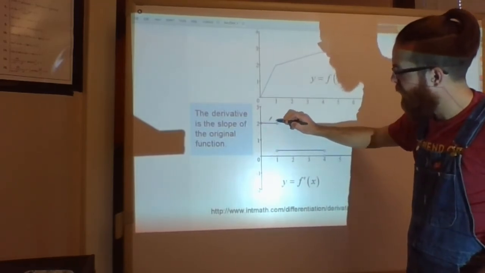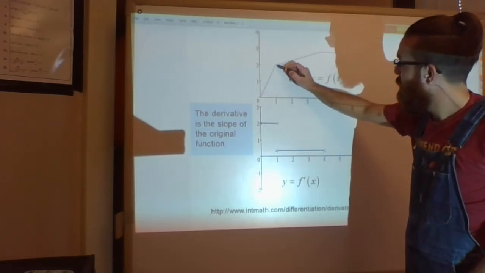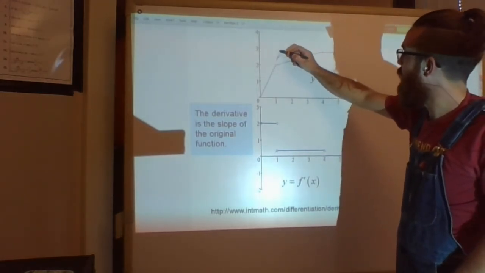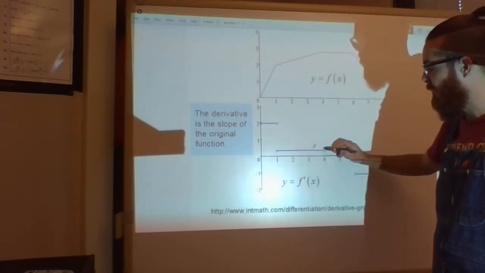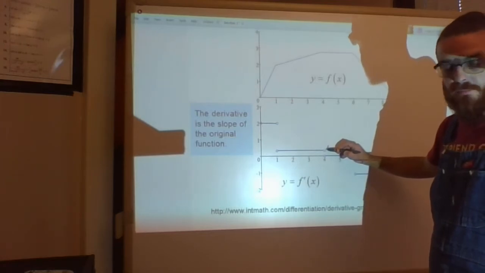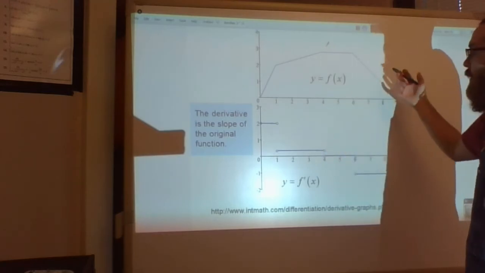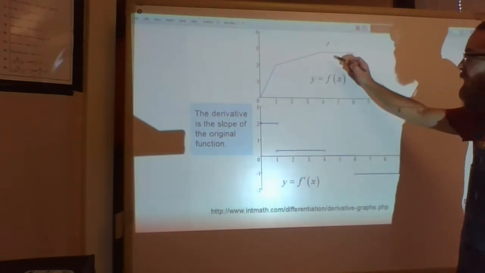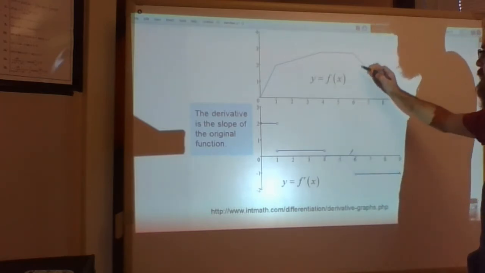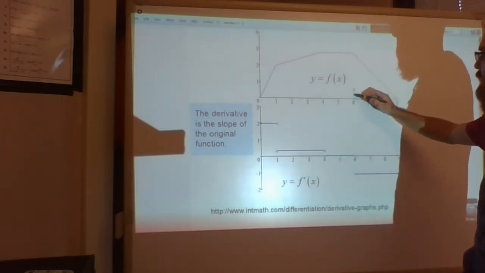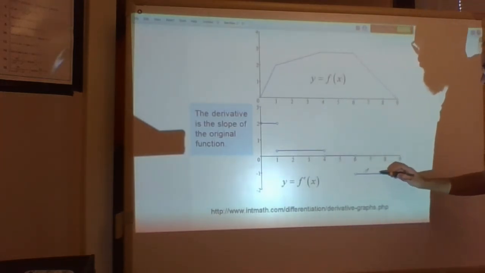So look here, we go from 2 to 0, we have a constant function for the slope. Between 1 and 4, we have a rise of 1 and a run of 4. So we're going to draw the graph there at 1/4. Between 4 and 6, we have a rise of nothing and a run of 2. So the rise over run there is going to be 0. Ooh, look at that right there, 0. And the rise here is -3, and the run is 3. So the rise over run there would be -1.